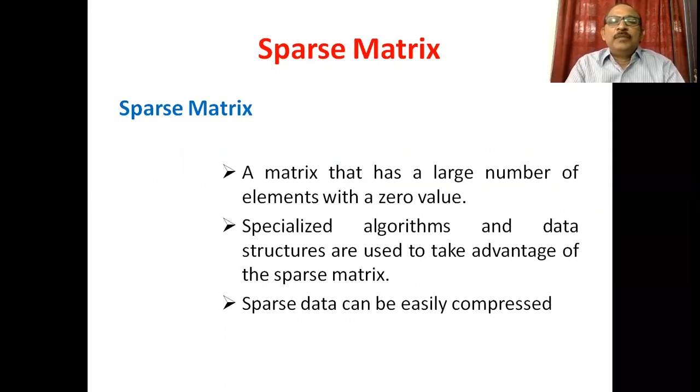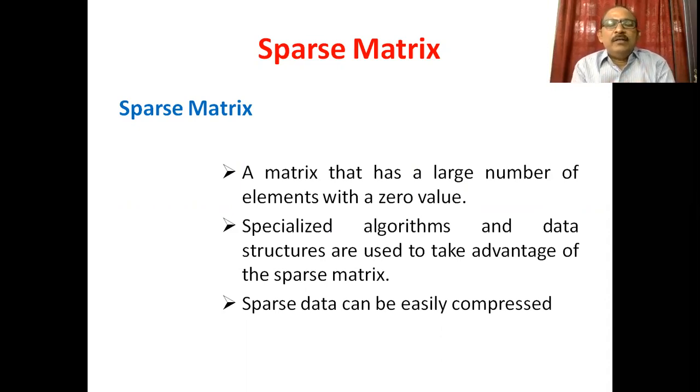A sparse matrix is a matrix that has a large number of elements with a zero value. In order to efficiently utilize the memory, specialized algorithms and data structures that take advantage of the sparse matrix are used.